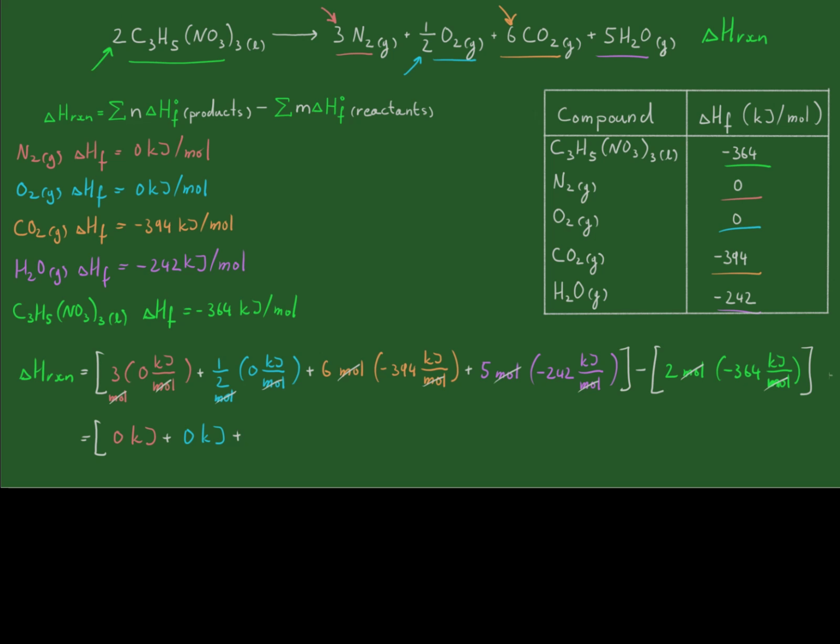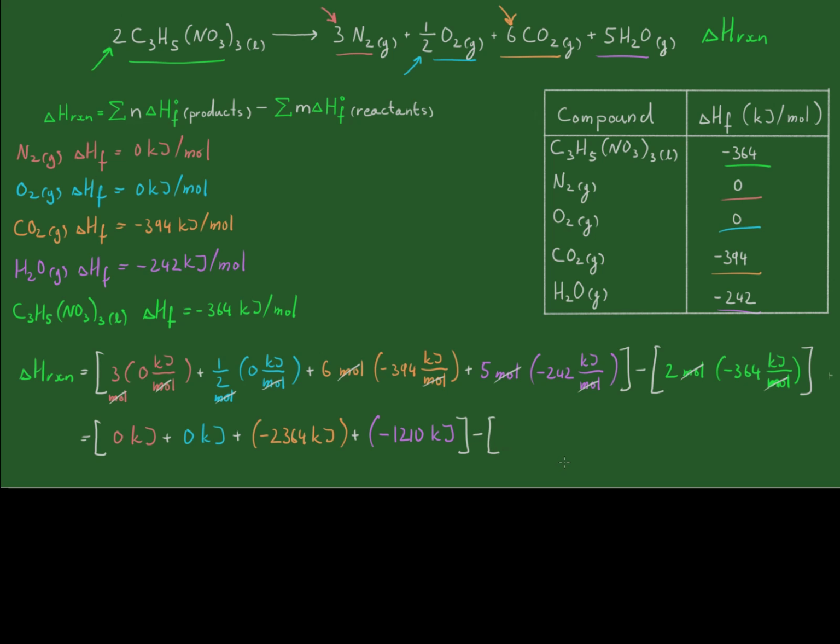Plus 6 times 394, and I'll do that on the side, is negative 2,364 kilojoules. Plus 5 times negative 242 is negative 1,210 kilojoules. So that takes care of the products.